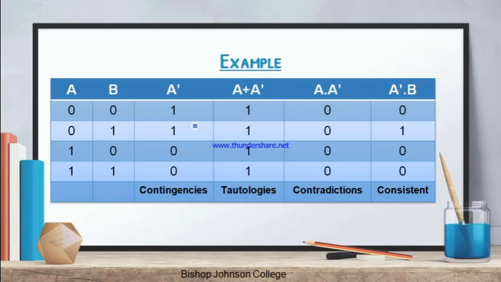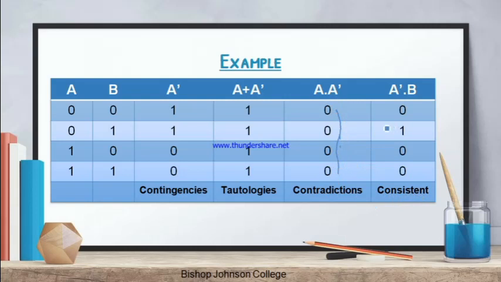In tautology, A plus A bar, all column values are 1. When all column values are 1, you can say it is tautology. Here A dot A bar, all column values are 0. When all column values are 0, it is contradiction.